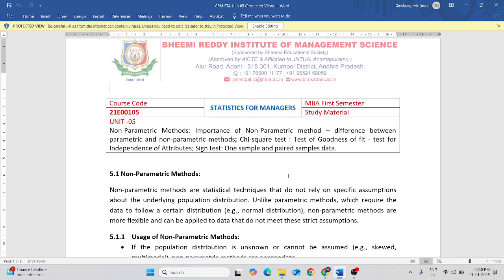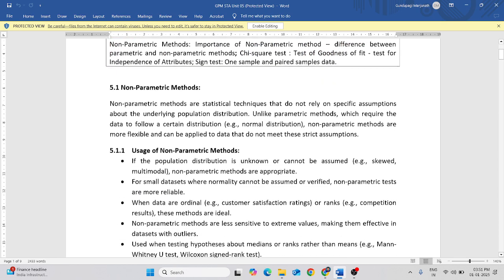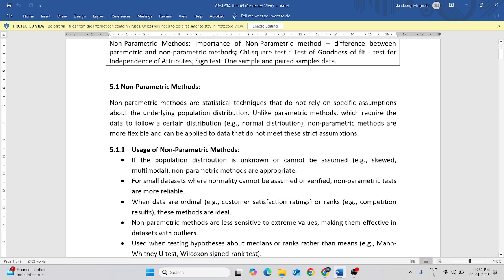And sometimes these non-parametric procedures do not depend on the form of the underlying population distribution, especially the requirement of normality. So let's look at when to use the non-parametric methods.